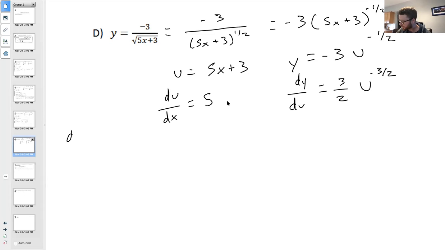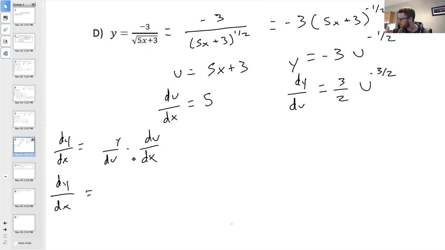So as per the chain rule, dy over dx is equal to the derivative of y with respect to u multiplied by the derivative of u with respect to x. So derivative of y with respect to u is 3 over 2 u to the negative 3 over 2 multiplied by 5.